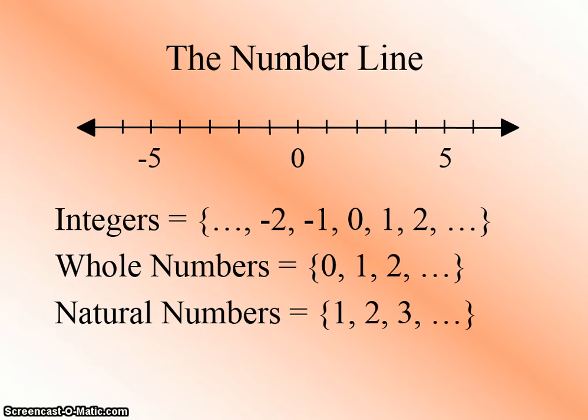And we call these also the counting numbers. They do not include 0. Okay, so if you're counting objects, you don't go 0, 1, 2, 3. You go 1, 2, 3, 4, 5, and so on. So that's why they're called the natural numbers. When we start to count, we naturally go to that. Okay, keep those in mind though, because you may need those for reference for a logic problem.